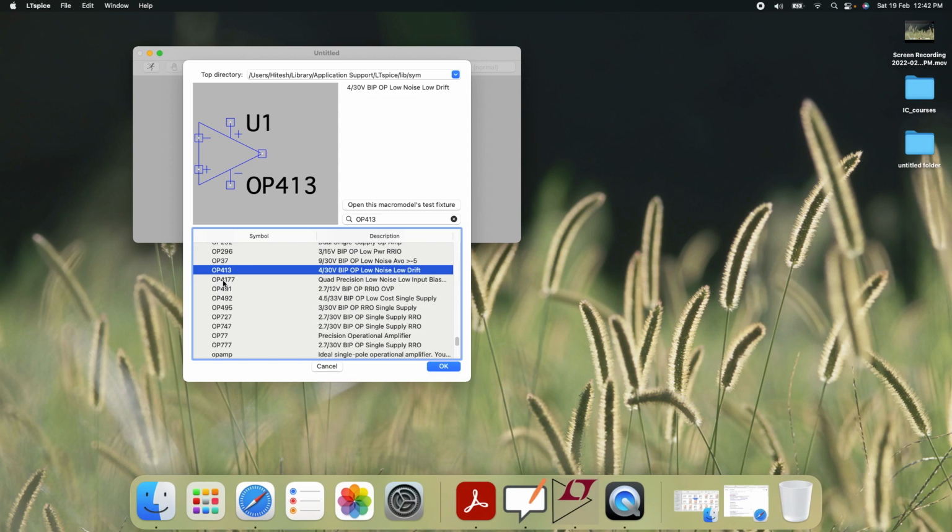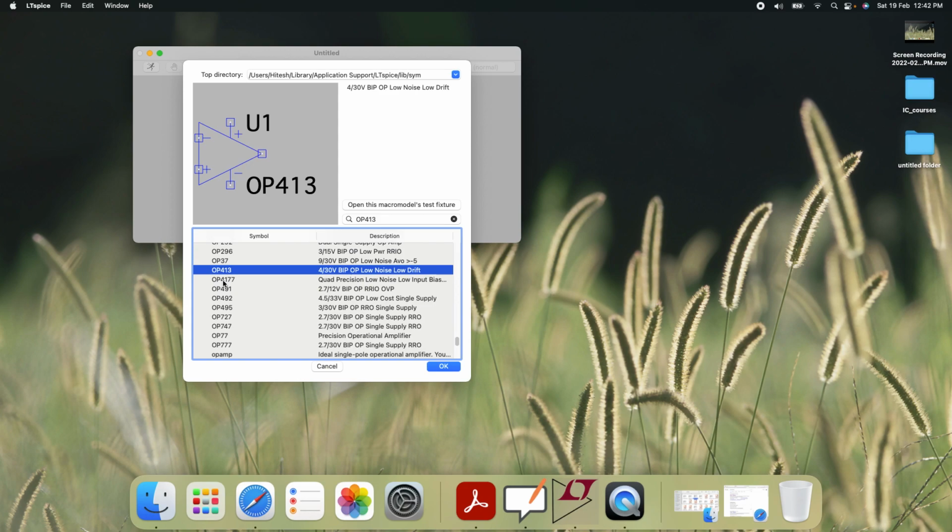Note that all the op amps, all the components you are seeing here, are made by Analog Devices, because we are using the LTspice of Analog Devices. Analog Devices is a big company, and the things you are studying in applied electronics at IC level are being made by them.